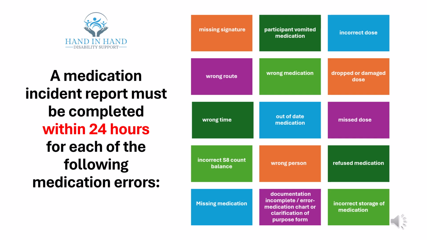It can include the following: medications given to the incorrect participant, incorrect medication being given, incorrect dose being given, incorrect time of medication, incorrect route of medication, spilt, dropped, or damaged medication, out-of-date medication, missing medication, lack of documentation such as medication not signed for, medication not given without instruction from the doctor or request from the participant, breaches of hand-in-hand disability supports policy and guidelines, participant refuses medication, incorrect storage of medications, incorrect supply of medications from the pharmacy.